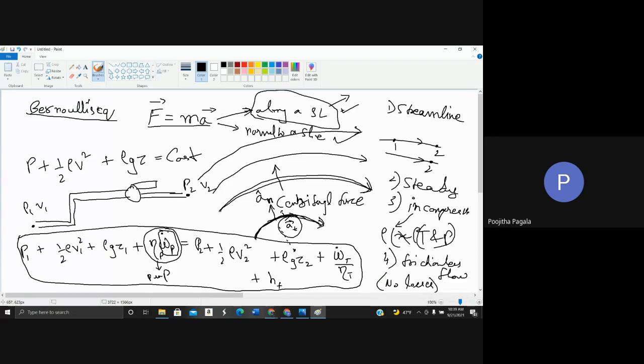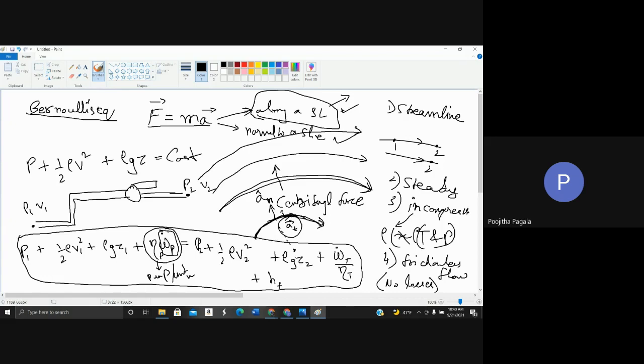So eta WP is the pump input per unit mass of fluid. Each term of the entire equation corresponds to unit mass of the fluid. So similarly, WP should also correspond to work input per unit mass.